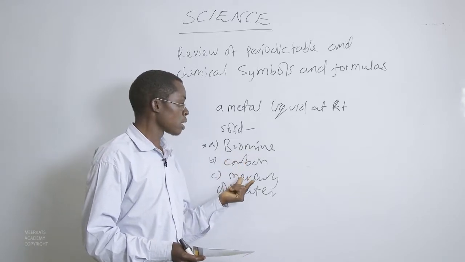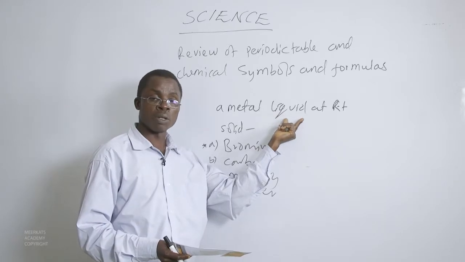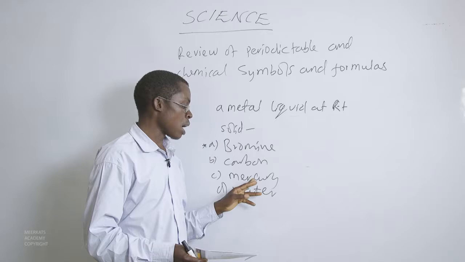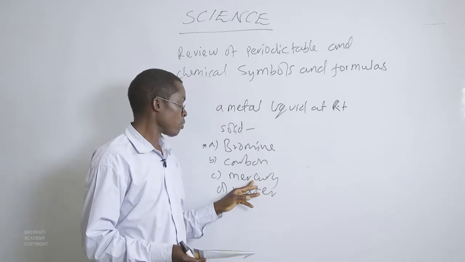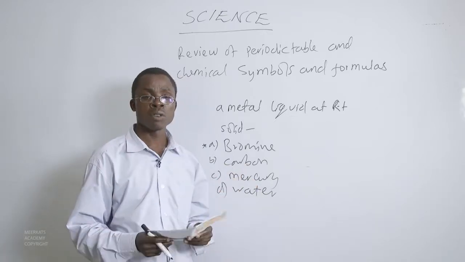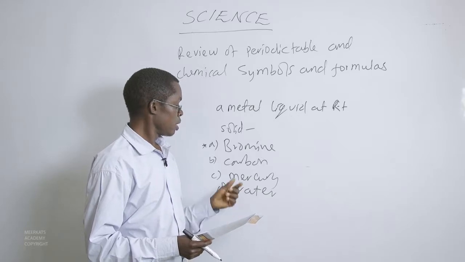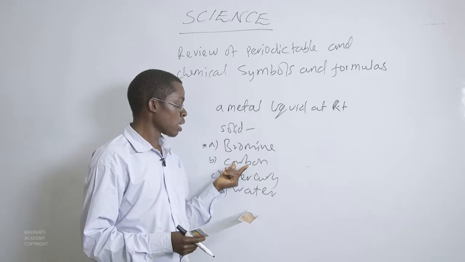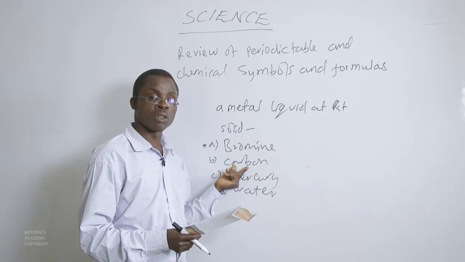And here the question is asking for a metal that is a liquid. So you can see it is confusing. It is not a nonmetal we are looking for, it is a metal. Carbon is a nonmetal, but existing in a solid state.